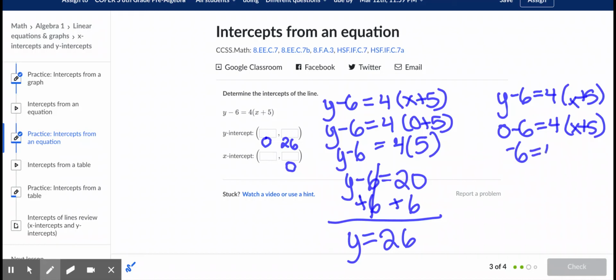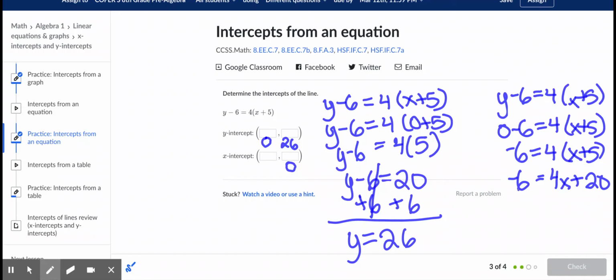I'm actually going to distribute my 4. 4 times x is 4x plus 4 times 5 is 20 is equal to negative 6.